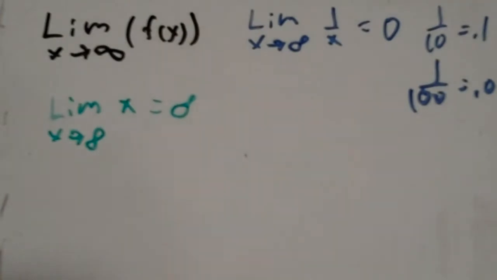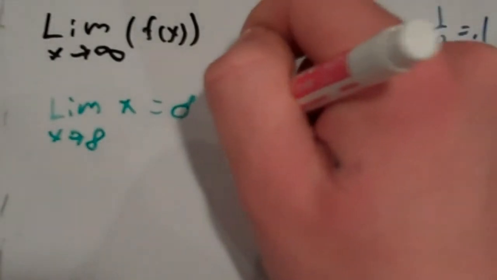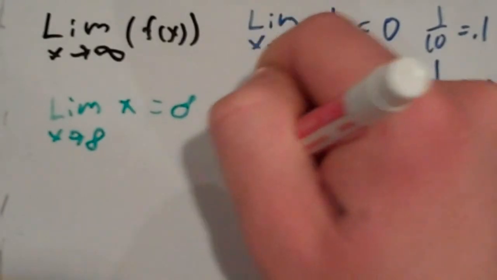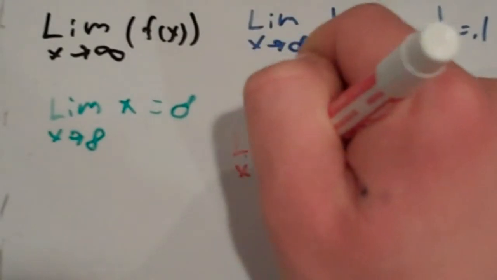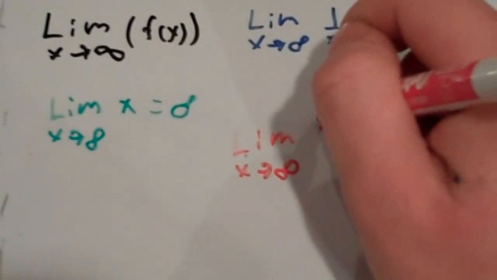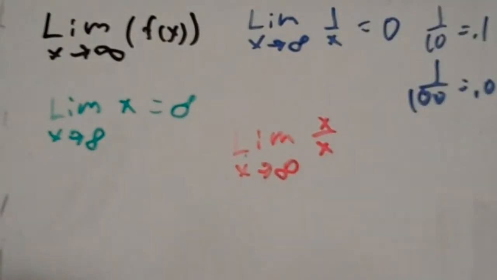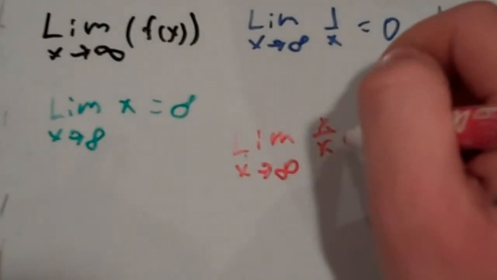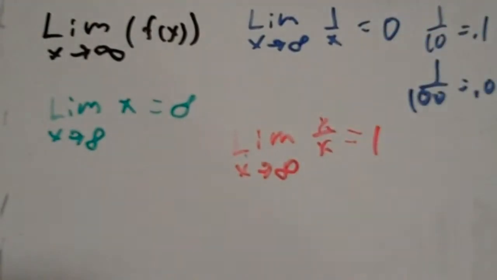If y equals x and x is infinity, that means y is infinity. Now, our third and final situation is if we have the limit as x approaches infinity of x over x. And in this situation, the x's just cancel and we get 1.